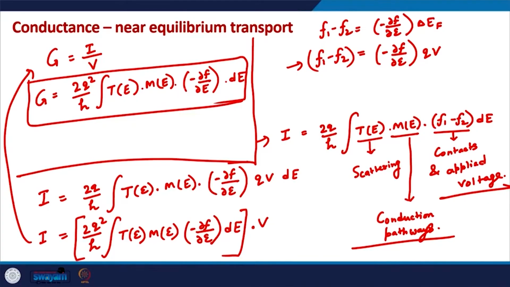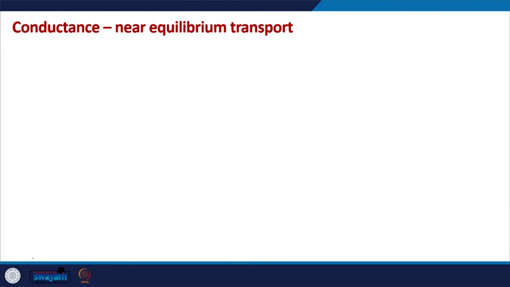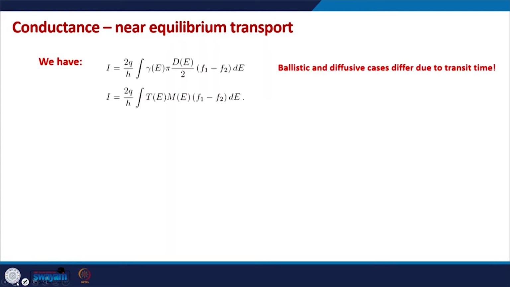Okay. And please also remember that this approximation holds true when we have near equilibrium conditions, because in that case only this F1 minus F2 can be approximated by the minus ∂F/∂E times ΔEF. Okay.